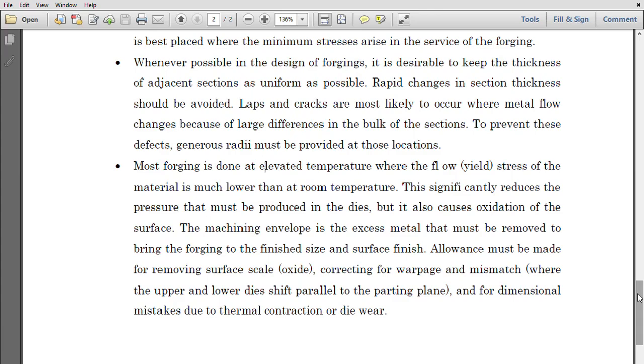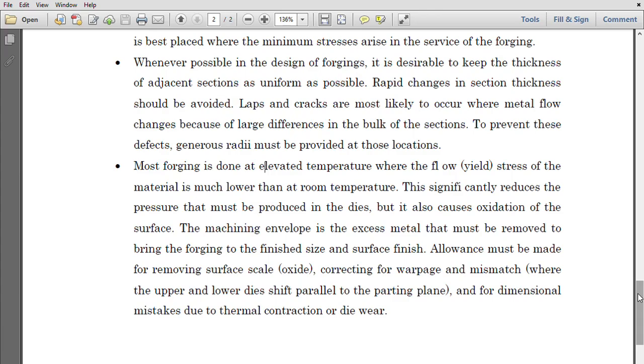And the last guideline is that mostly we have seen that the forging is done at elevated temperature. So the component is likely to get oxidized. For getting a better surface finish, these oxides have to be removed. Also, there will be some chances of warpage and mismatch where the upper and lower dies shift parallel to the parting plane.